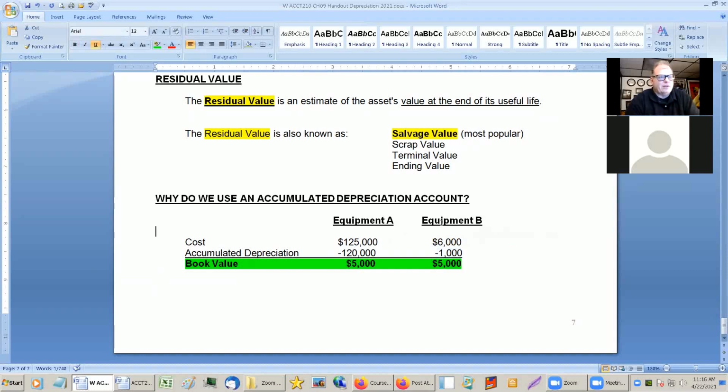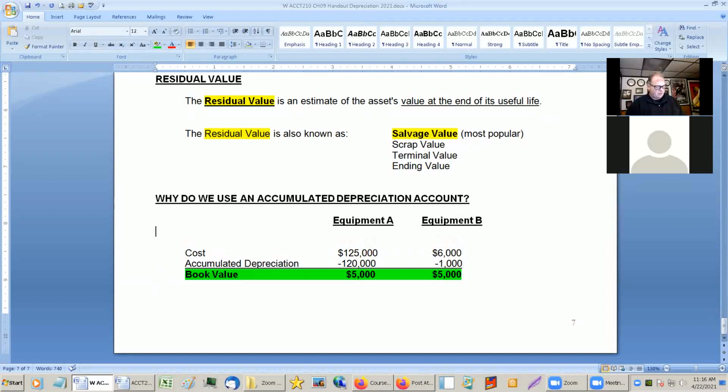So, if you compare these two, this is relatively expensive, whereas this is inexpensive.